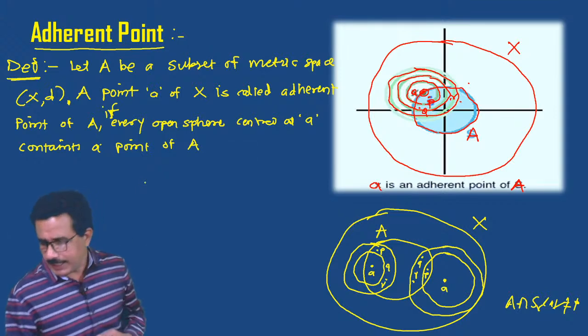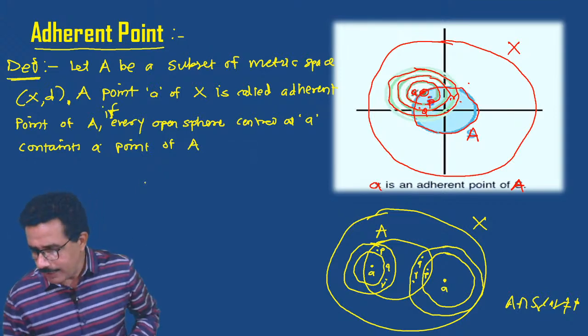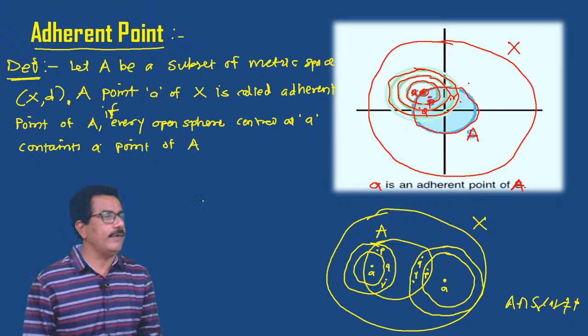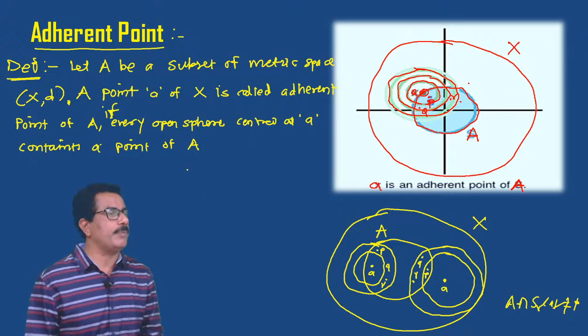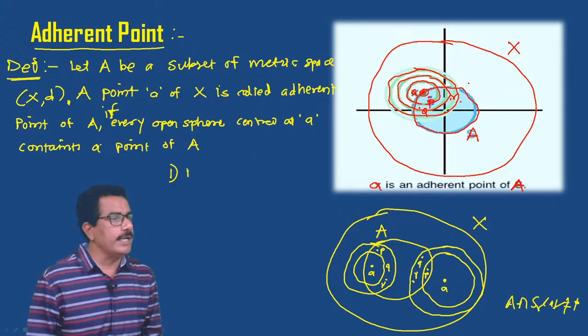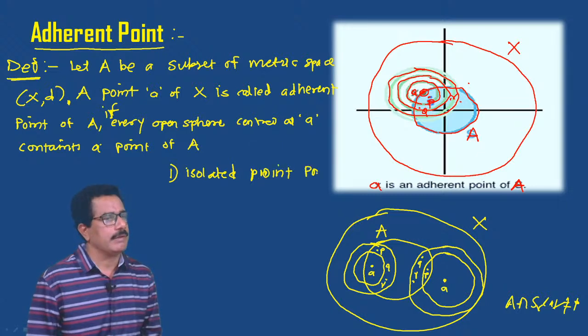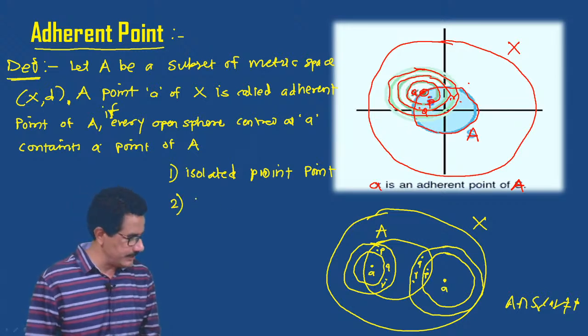Now actually there are two types of adherent points. Write down, number one is called isolated point. Number second, definition is limit point.